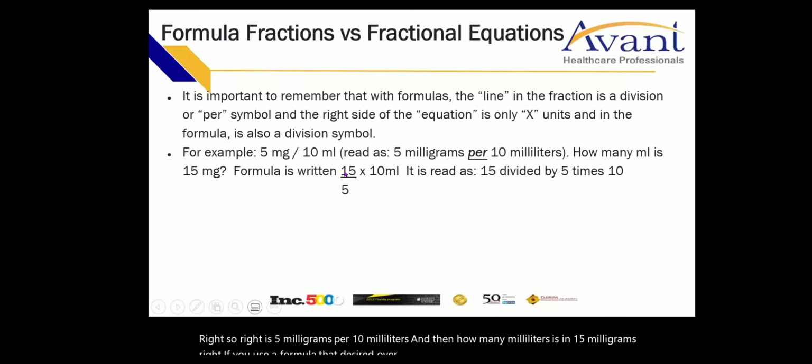I desire 15 milligrams, I have 5 milligrams, I multiply it by my units of measure, which is milliliters, right? So it's read as 15 divided by 5 times 10. Okay, so this is how the formula is written. This is the desired over have formula, which is different, right? In this case, you have milligrams on the top and the bottom, and then your milliliters is to the side, right? It's a different setup.